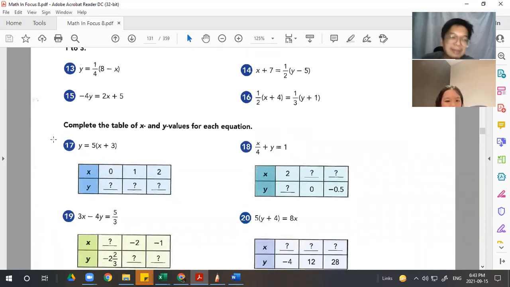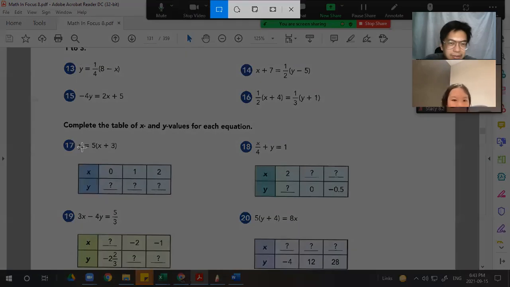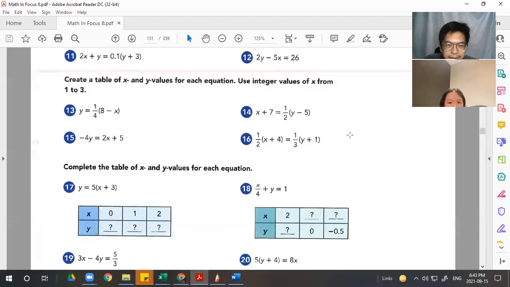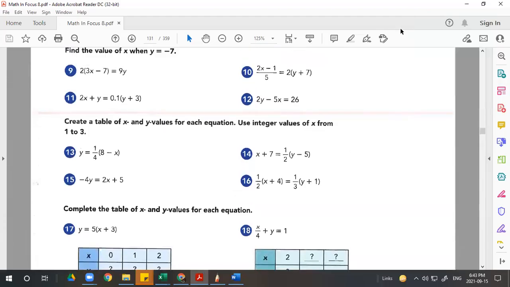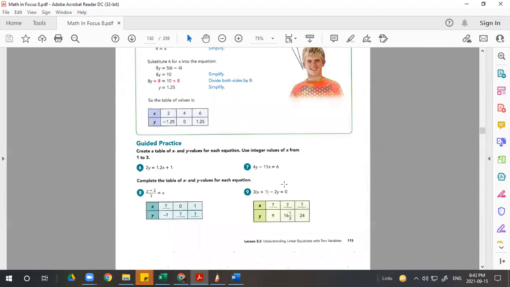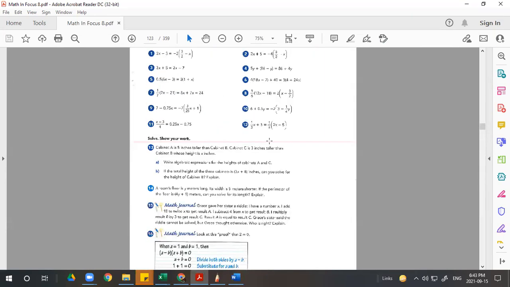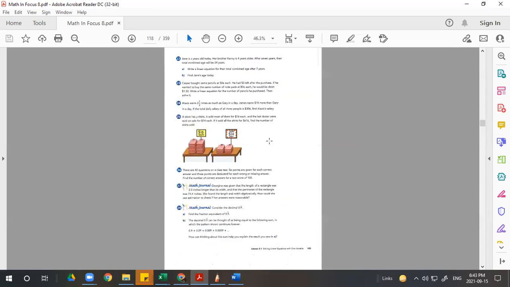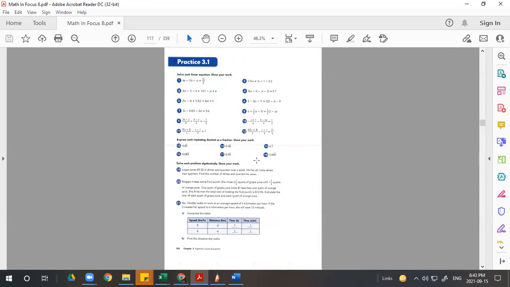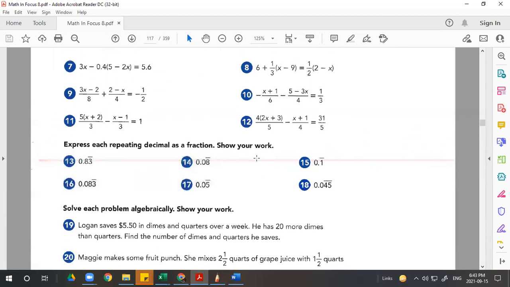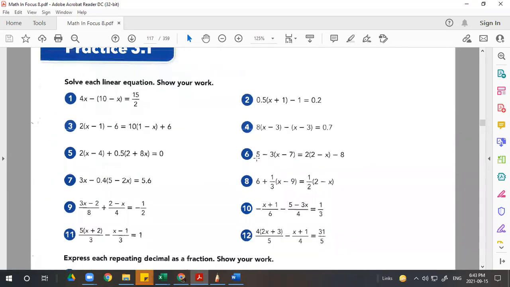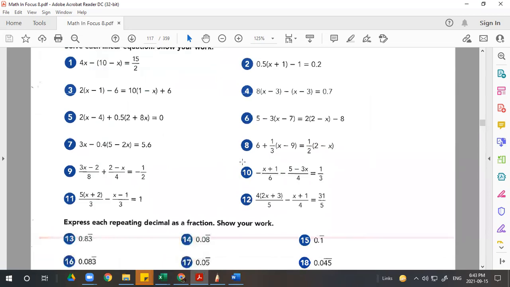So let's do the types of questions here. We can start from 3.1, start from the beginning. Solve. Show your working. Okay, that's right. I will give you some time.